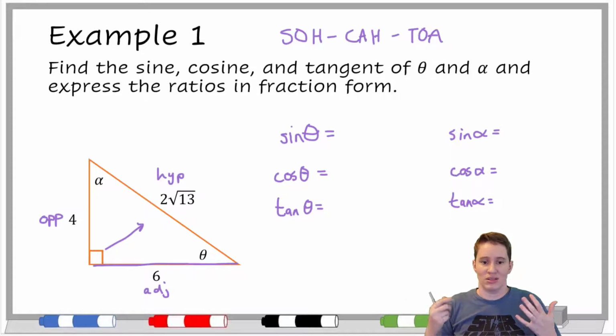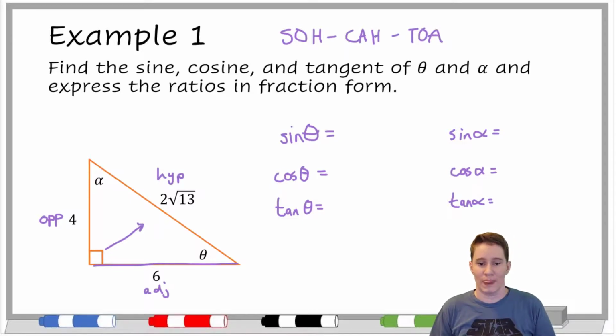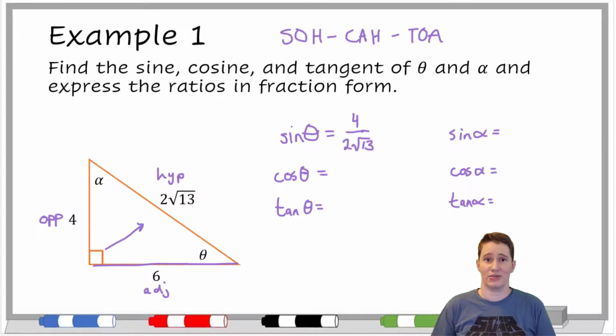Now, sine comes from putting the opposite side over the hypotenuse. So from theta, the opposite side is 4, and the hypotenuse is 2 square roots of 13. Now this is our answer in fraction form, but it's not in the best fraction form that we could come up with. For one thing, 4 over 2 is something that simplifies.